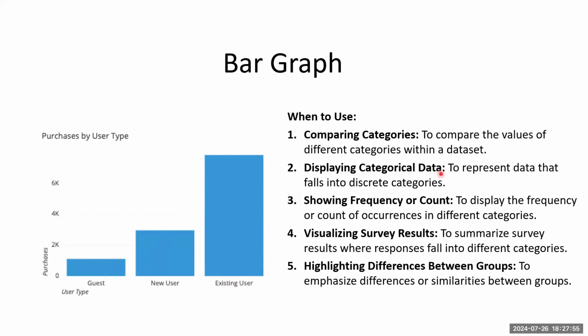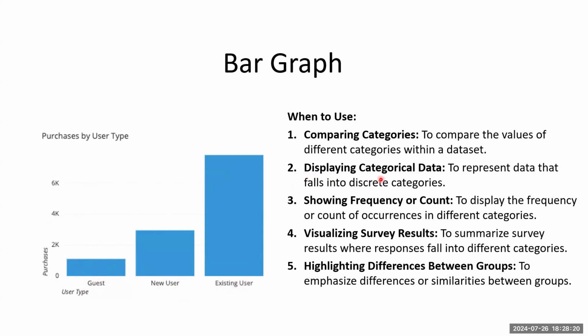Okay, displaying categorical data. For example, our grade, we could have placed grade A, grade B, grade C, and here will be students. And we know how many students had grade A, how many had grade B, how many had grade C. Because A, B, C, D, which are the grades, are categorical.